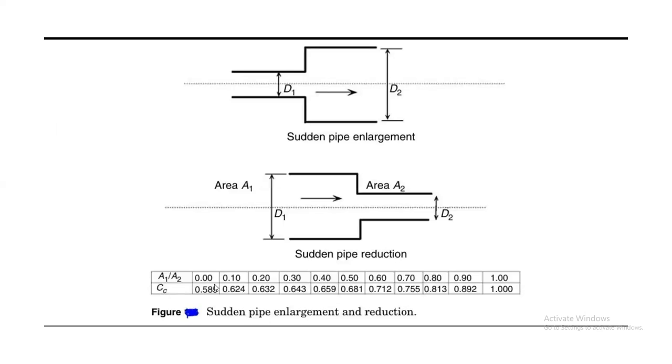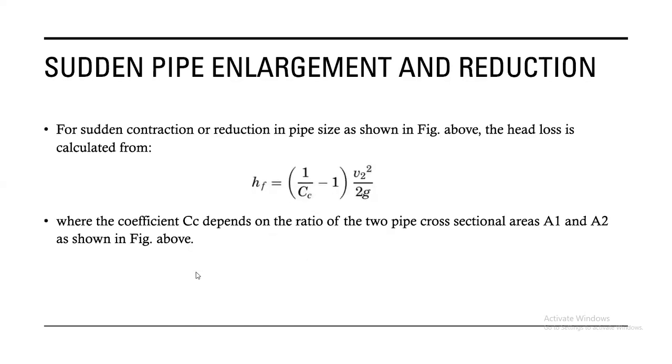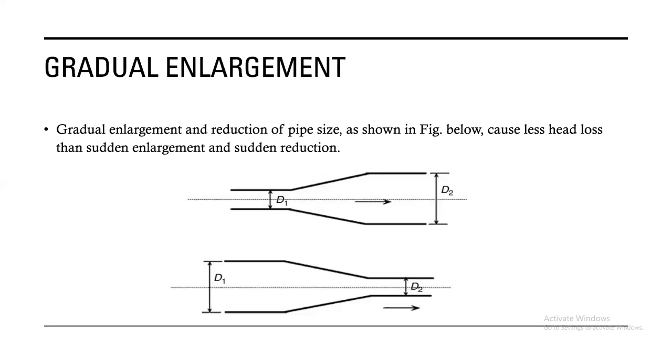Remember this constant, you can find by dividing area 1 over area 2, where the coefficient CC depends on the ratio of the two pipes' cross-sectional areas A1 and A2 as shown in the figure above. Gradual enlargement. Gradual enlargement and reduction of pipe size as shown in the figure below cause less head loss than sudden enlargement and sudden reduction as we showed above.